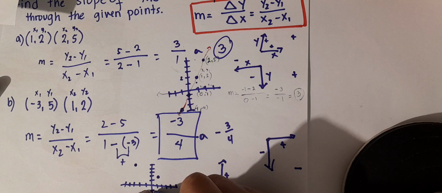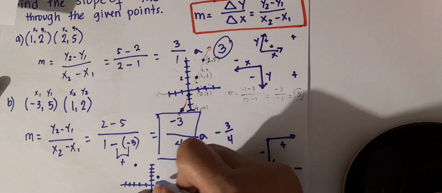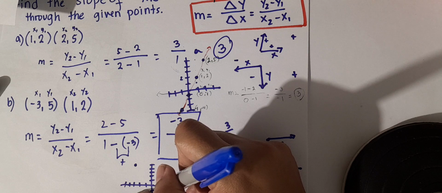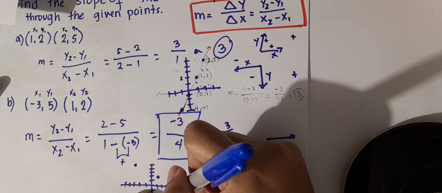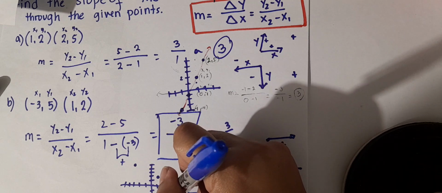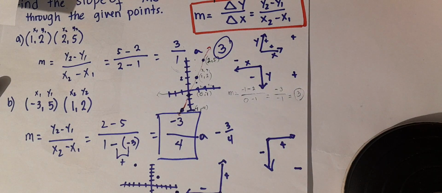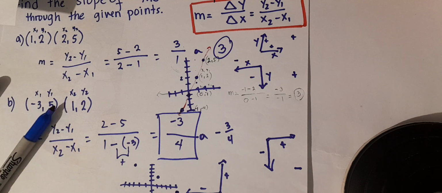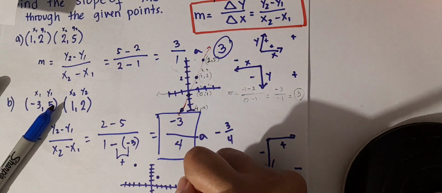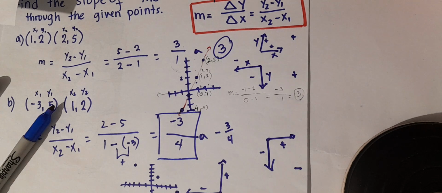So it should be here. And then x should be 4. So starting from 1, you have to count 1, 2, 3, 4. And then here. So the next coordinate will be positive 5 and negative 1.